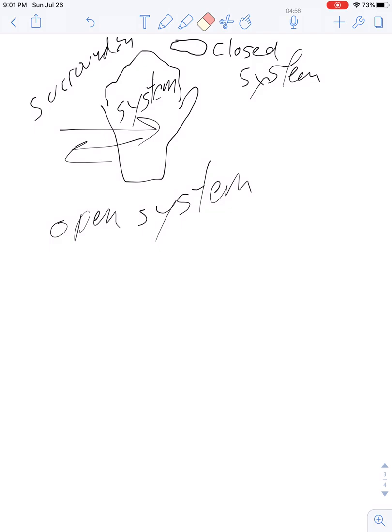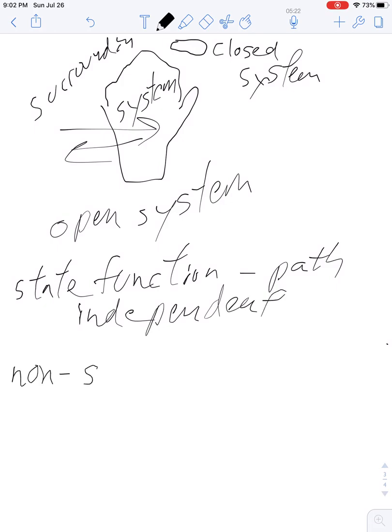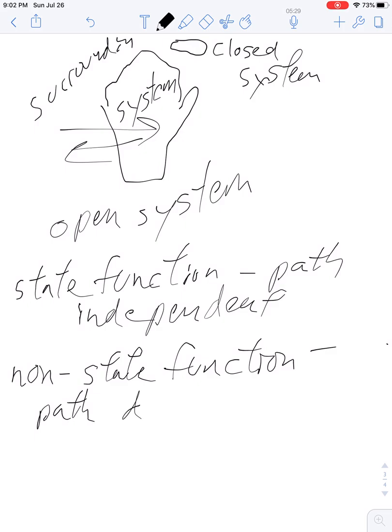So a state function is path independent. A non-state function is path dependent.